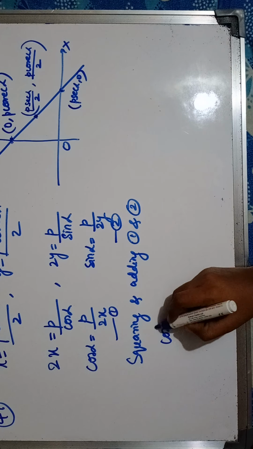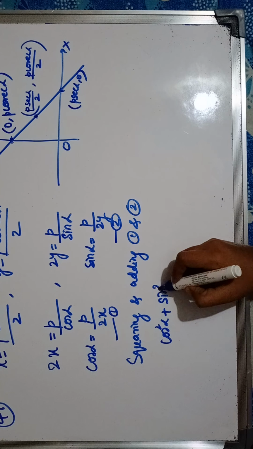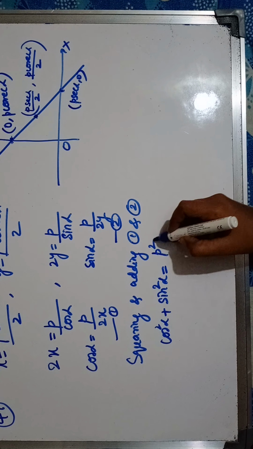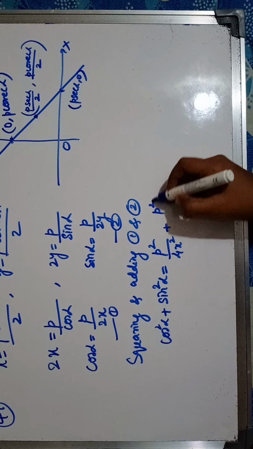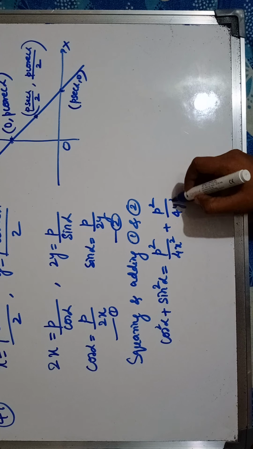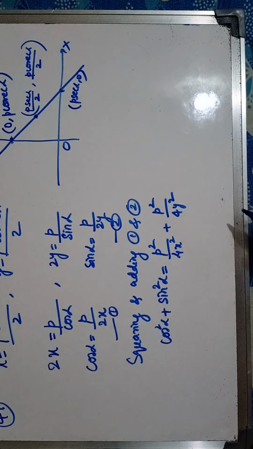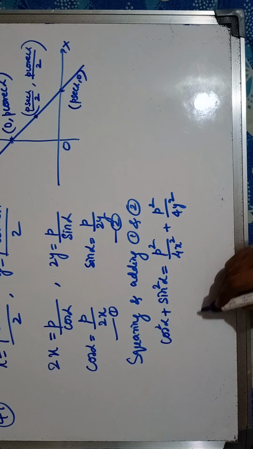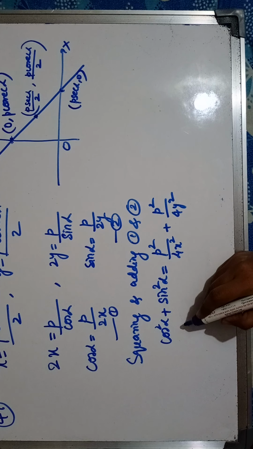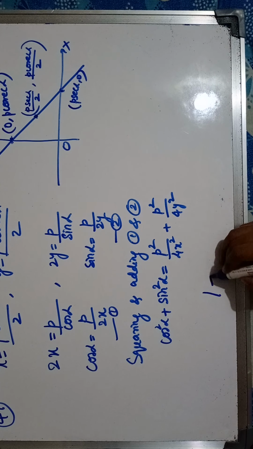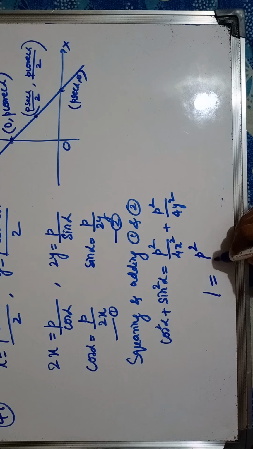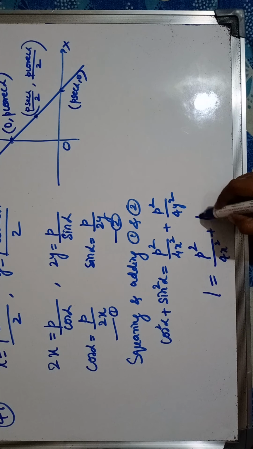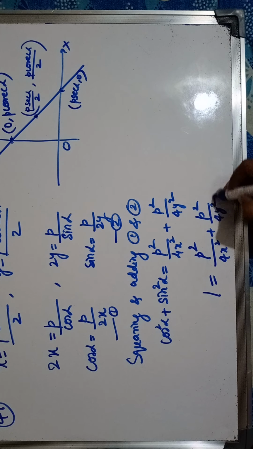Cos square alpha plus sin square alpha is equal to p square by 2x whole square, that is 4x square, plus p square by 4y square. Okay, so therefore see, what is cos square alpha plus sin square alpha? This is equal to 1. So 1 is equal to p square by 4x square plus p square by 4y square.